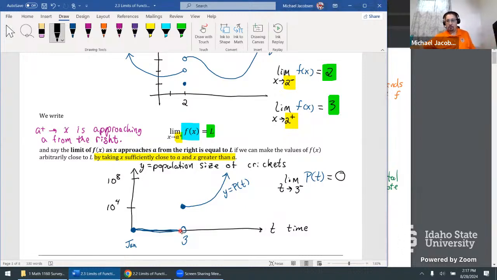Likewise, the next related limit would be the limit as t approaches 3 from the right, so 3 representing March once again. Here we're coming in this direction, and the population settles down to 10 to the power 4, absolutely. So the limit on this one is 10 to the power 4.